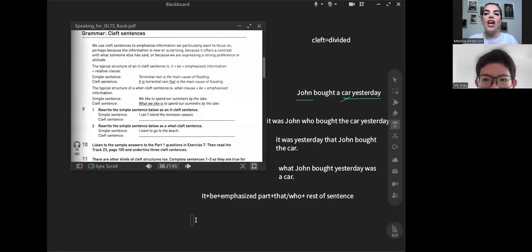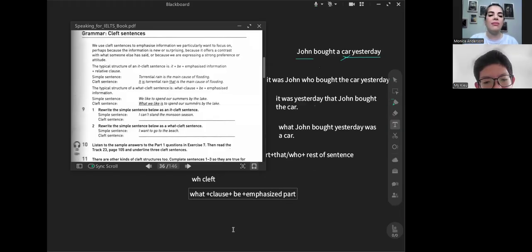The second one, type 2, is WH cleft. What is this? Normally, we start with what, and a clause, and be, and of course, the emphasized part. For example, I'm really tired.